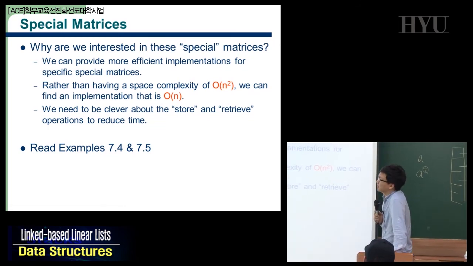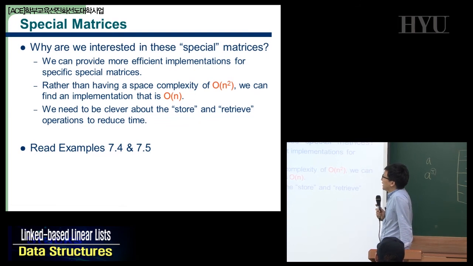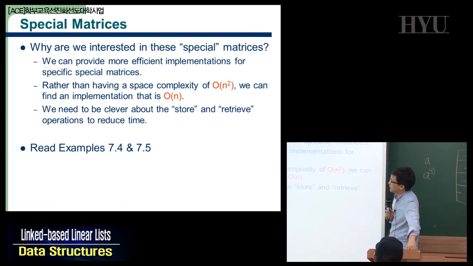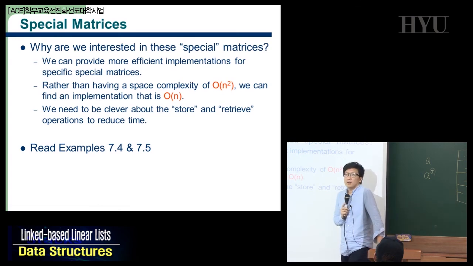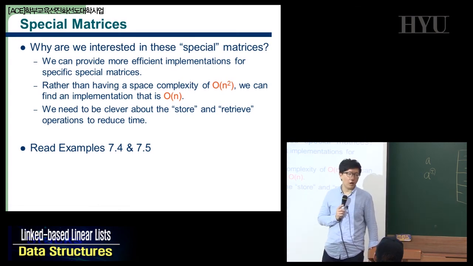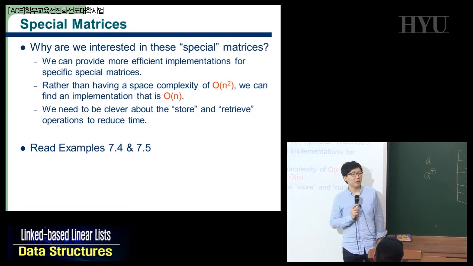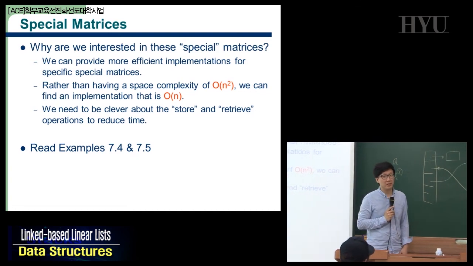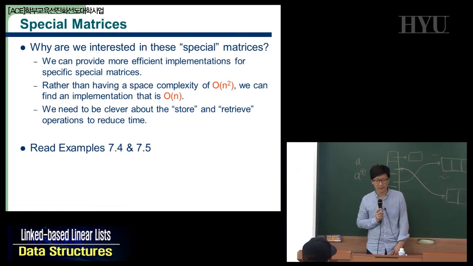Similar idea. We can provide more efficient implementations for specific special matrices because we know the structure of those special matrices. Then we can maybe have less overhead implementations of handling those matrices.